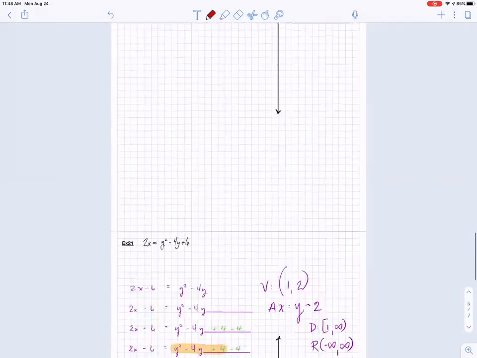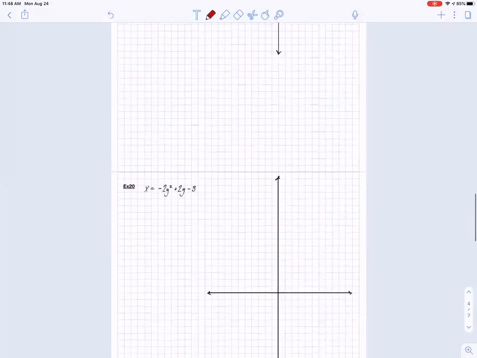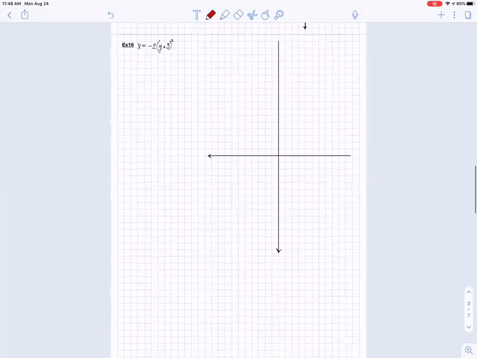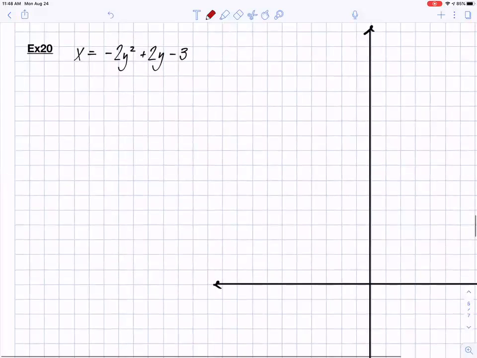Looks like number 20, I'm skipping. Surely I'm not skipping all these. No, I am not skipping all these. Why they're not highlighted, I don't know. Let's go to 20. What's the problem?